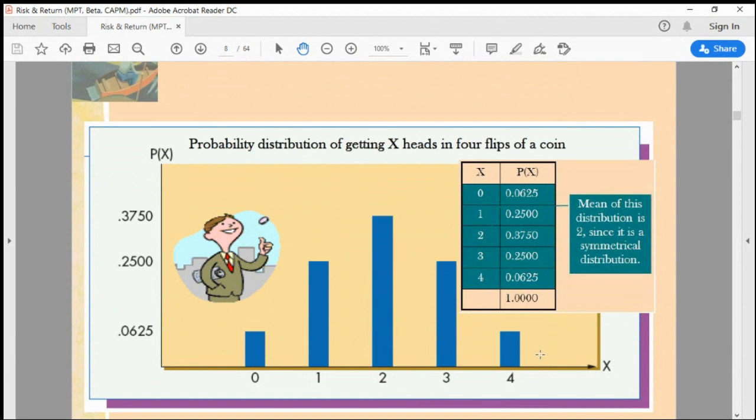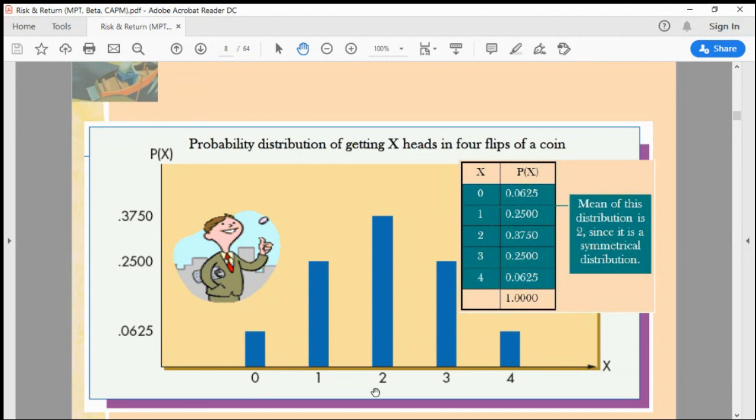For example, if you're rolling a dice just once, the possible occurrences are 1, 2, 3, 4, 5, and 6. So we will have probabilities, and it's called a uniform probability distribution, because each number has the same probability.